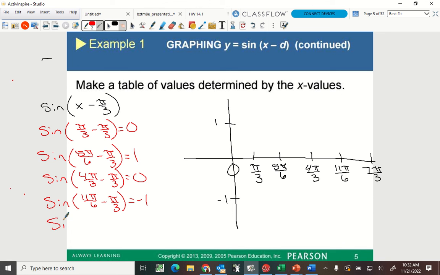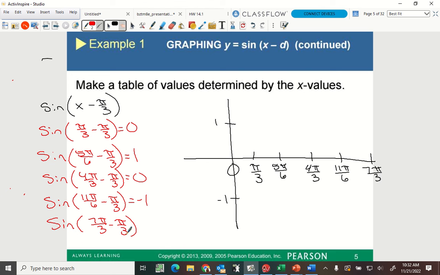My last one is going to be sine at 7 pi over 3 minus pi over 3. Now my denominators are the same, so all I have to do is look at the top. 7 pi minus 1 pi is 6 pi. Very good, right? 7 minus 1 is 6.